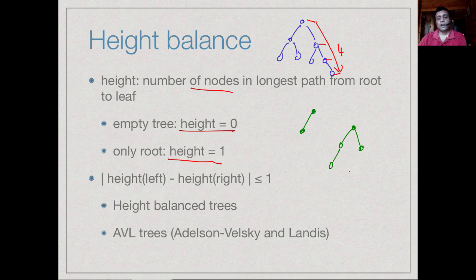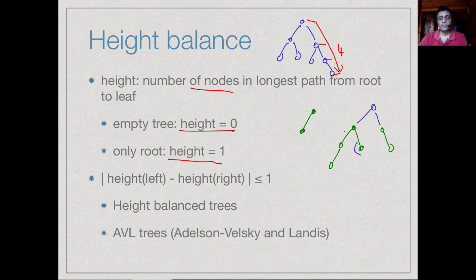And now this, which is a height 3 tree, I can connect with a height 2 tree and form a height balanced tree which looks like this. So the height of the left subtree is 3, the height of the right subtree is 2. In this, recursively, the height of the left subtree is 2, the height of the right subtree is 1, and so on. So we could have things which look quite different.